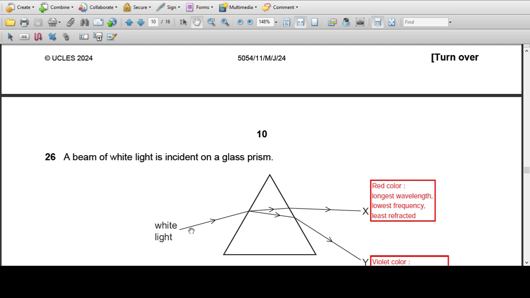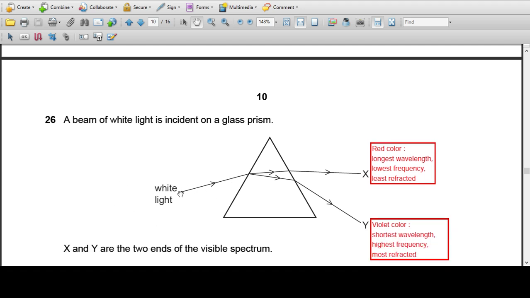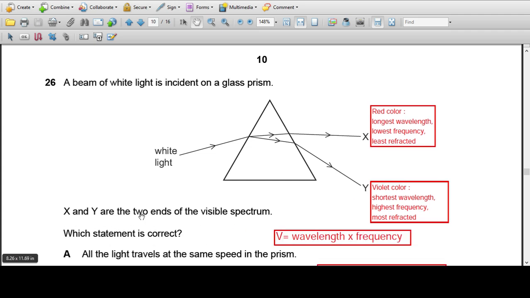Question 26. A beam of white light is incident on a glass prism. Here it gives X and Y as the two ends of the visible spectrum. X is red and Y is violet.